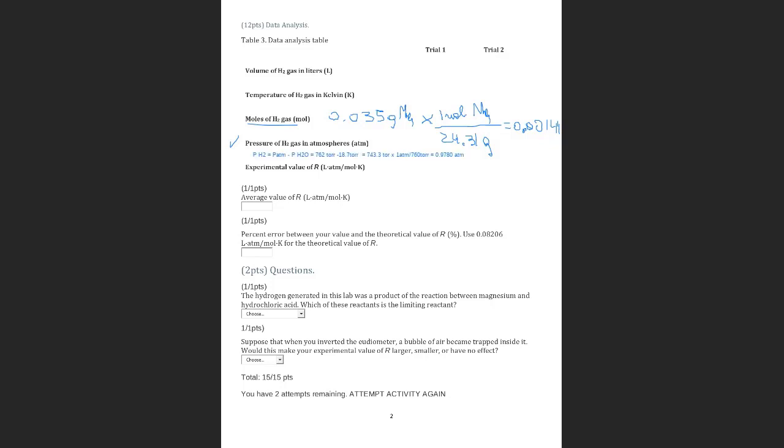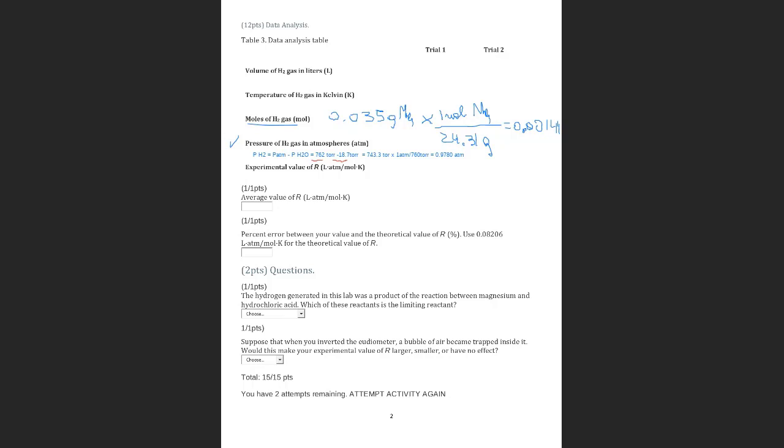So look again. First, what we did: the atmospheric pressure, 762 torr, minus 18.7, the vapor pressure of the water that we found in the table.